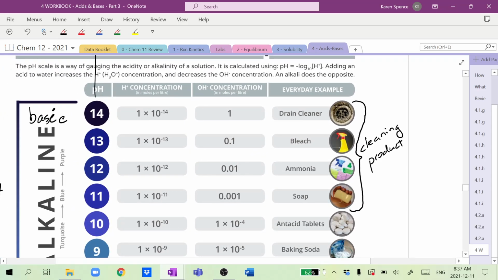What's happening to our hydrogen ion concentration as the pH decreases? As pH decreases, the hydrogen ion increases by 10. Okay, so every time pH decreases, hydrogen increases by 10 times. What do you notice about the OH concentration as hydrogen ion concentration is increasing? So hydrogen is increasing as we go down.